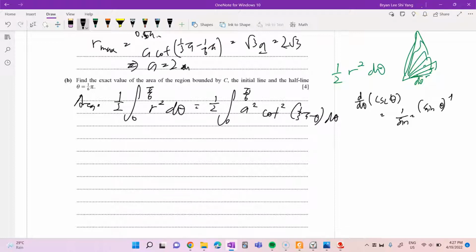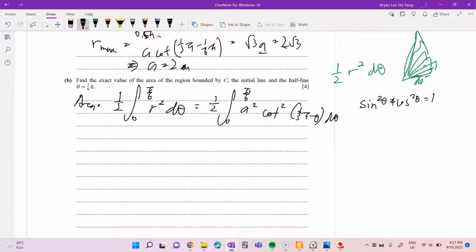Wait, one minute, this does not make sense. Tangent, secant squared, cotangent squared. Okay. I think in this case I will need to apply the identity sin squared θ plus cos squared θ equals 1.